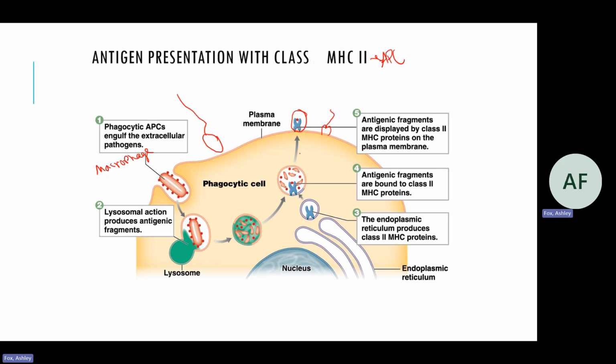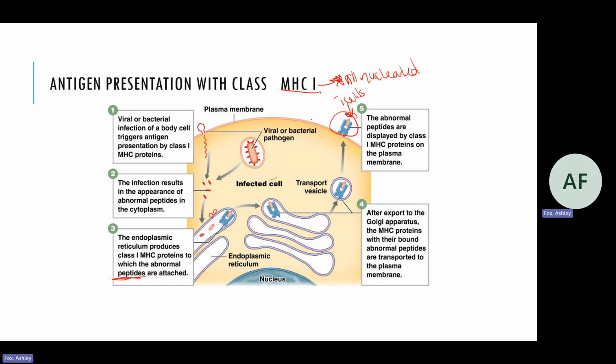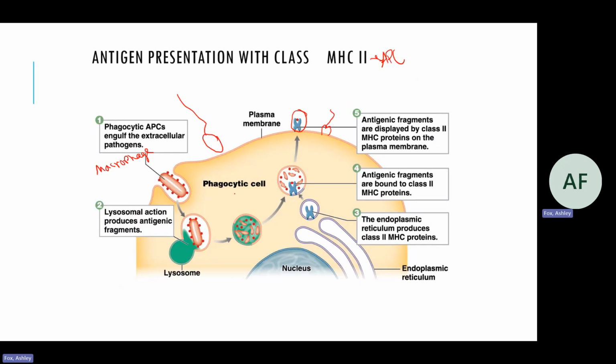MHC2 present, MHC1 present more when they're infected. So that's the difference. Infection of the cell, MHC1, that's the way the cell can tell, hey, I'm infected. Phagocytic cells are going to be MHC2 saying, hey, this is what I've been eating recently, just telling them kind of this is what I've been having for dinner and letting the rest of the immune system know.